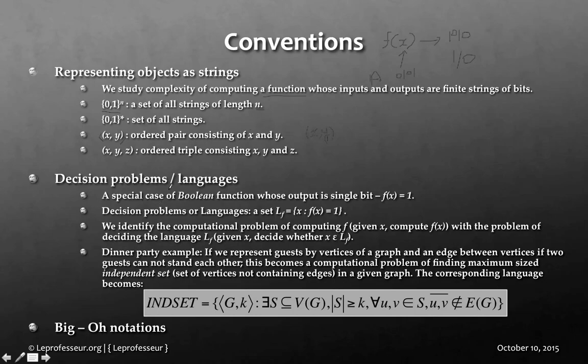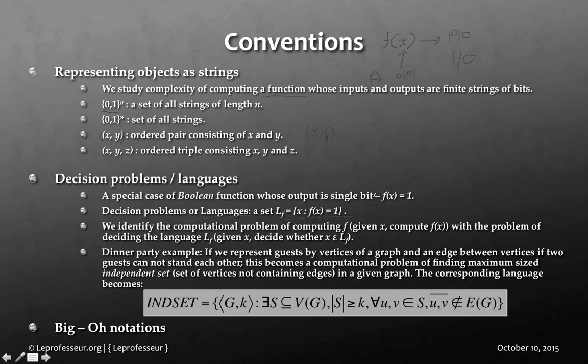Now, decision problem or language, we use these terms interchangeably. A decision problem, or language, is a set of Boolean functions, or in other words, a special case of a Boolean function.